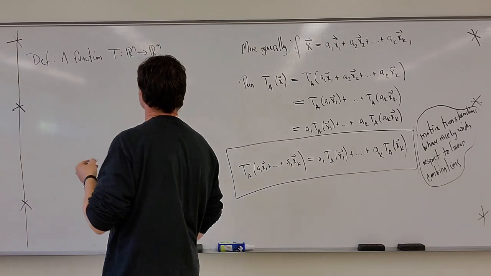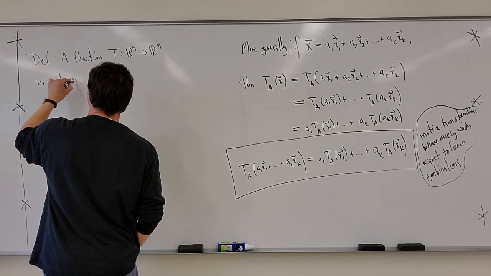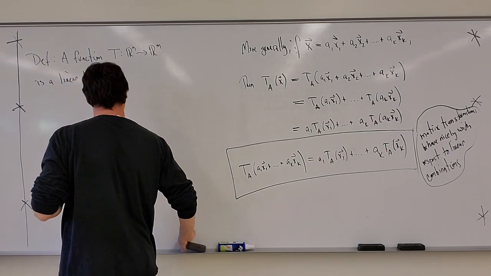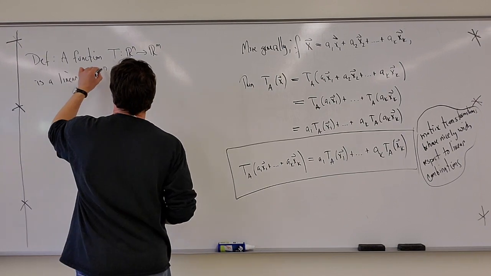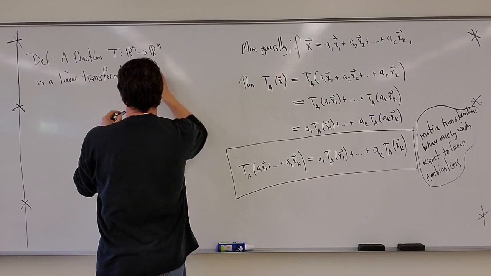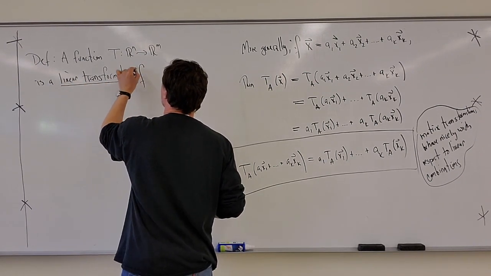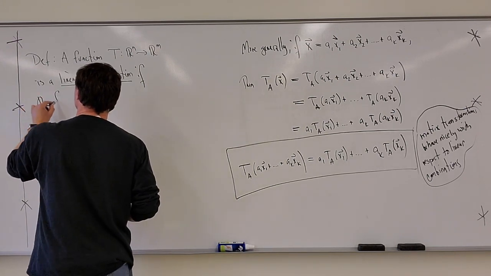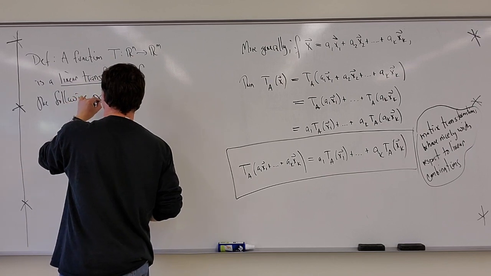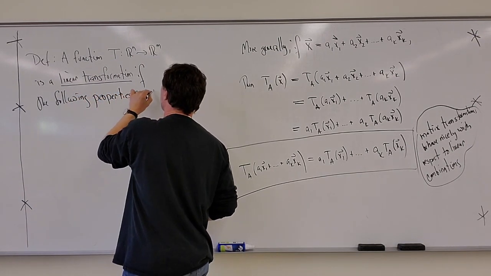So it's called a linear transformation. This is a linear transformation if the following properties are satisfied.